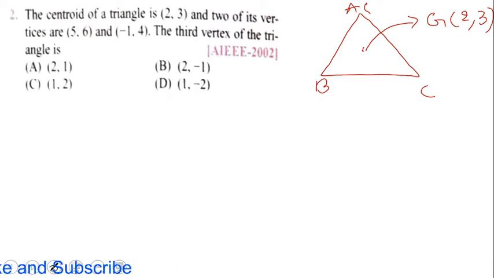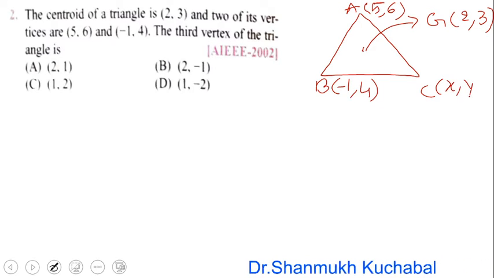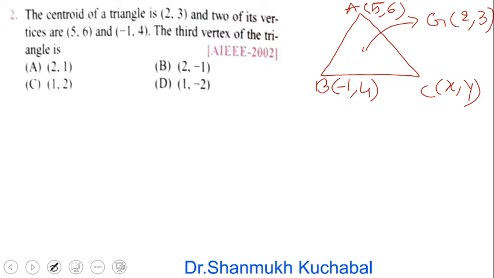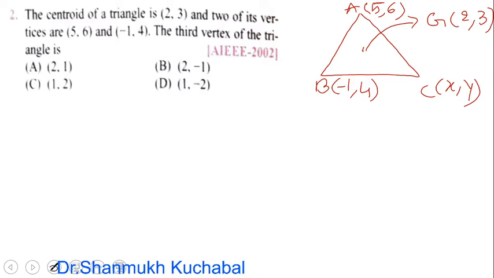The first vertex is (5, 6), the second is (-1, 4), and the third we don't know, so we take it as (x, y) and calculate it.